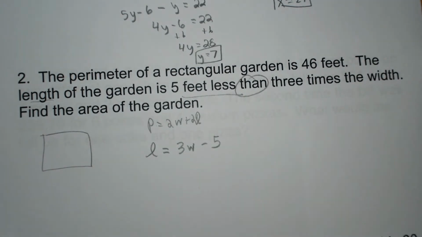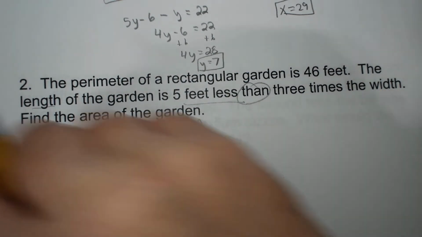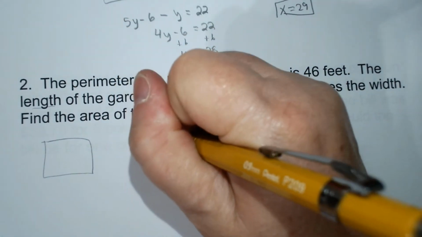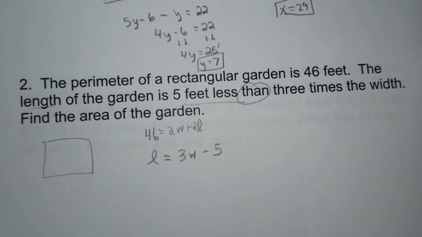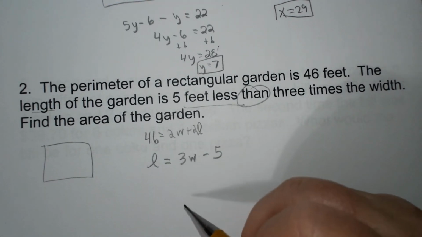Remember that "less than" sends it to the back. And I have this P, but I already actually know that P is 46. There I have 2 equations, 2 unknowns.